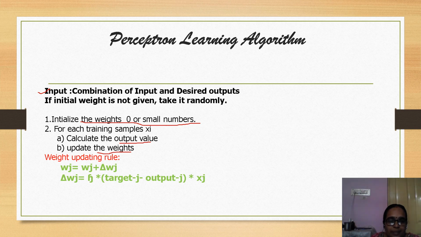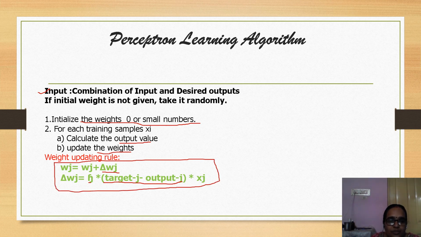Every time the weight should be updated as the current weight along with a small variation in the weight. So how to calculate the small variation? With this formula: learning rate multiplied by the loss value. This is nothing but target minus output. Target is what value we should get, that is called the desired value. Output is what value we received for the current input, multiplied with the input. So this is the formula. These are the two formulas we should remember.